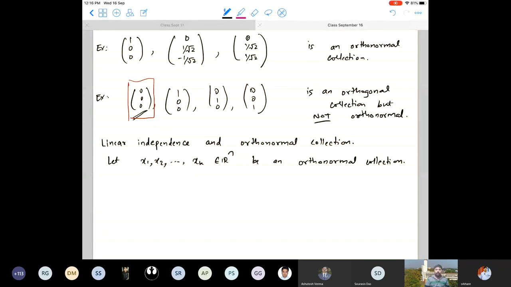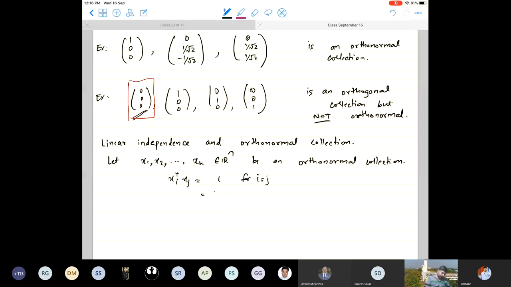If this is an orthonormal collection, then what do we know? We know that xi transpose xj is equal to 1 for i equal to j, and equal to 0 for i not equal to j. That's the property that is being satisfied by these vectors, right?